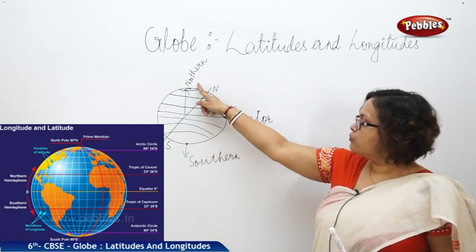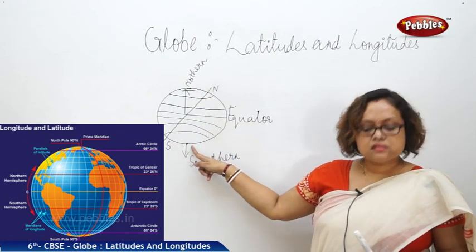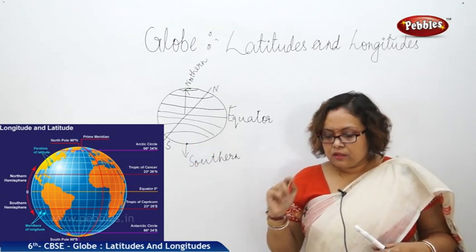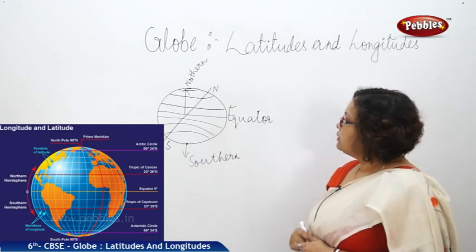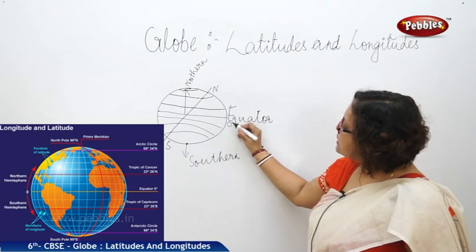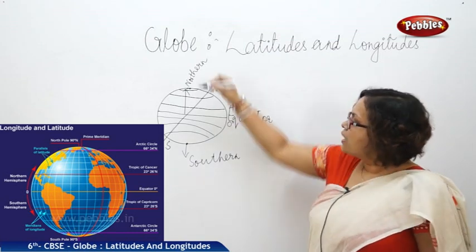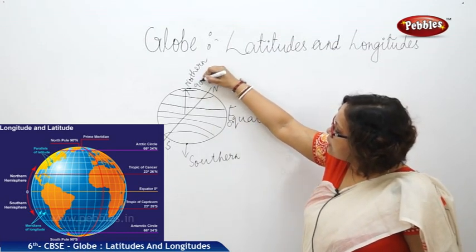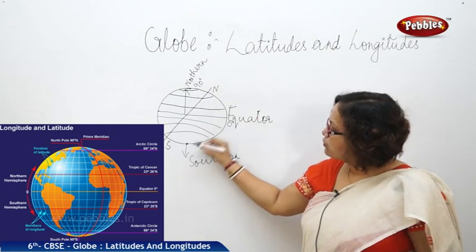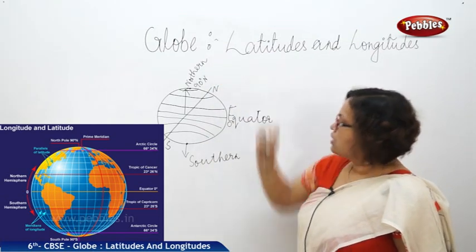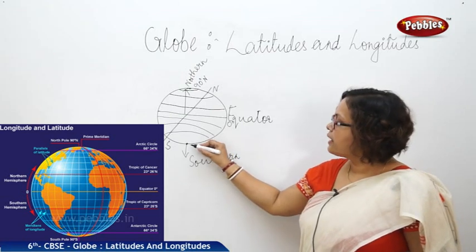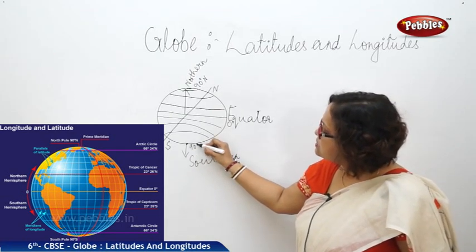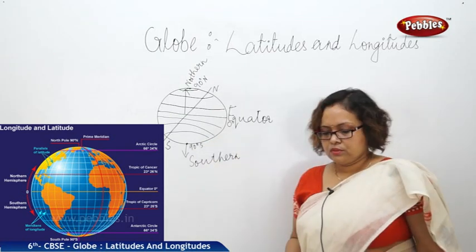Here it is North Pole and here it is South Pole. Now, why is the equator measured as 0 degree, and North Pole measured as 90 degree north and South Pole measured as 90 degree south?